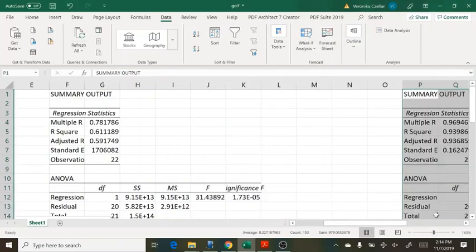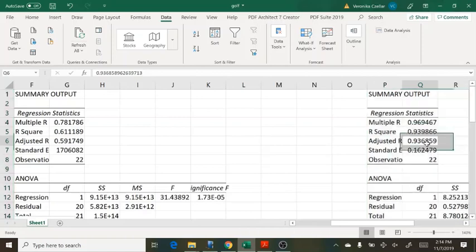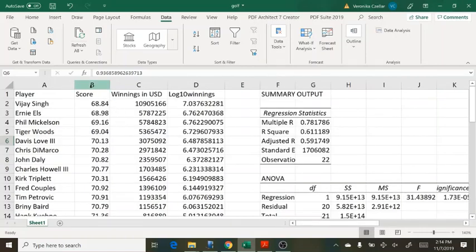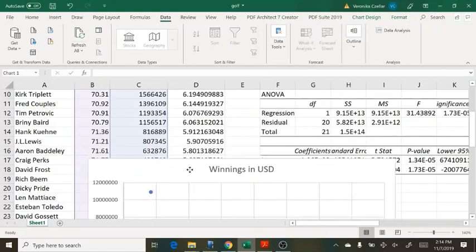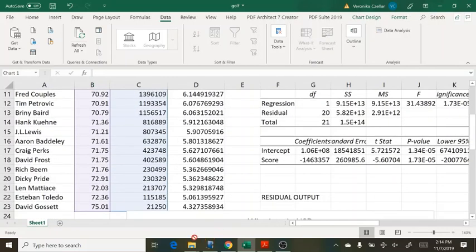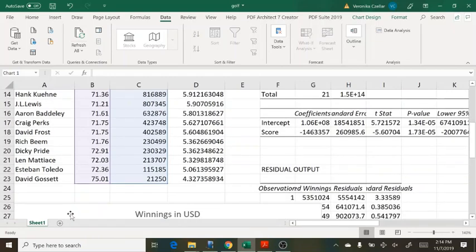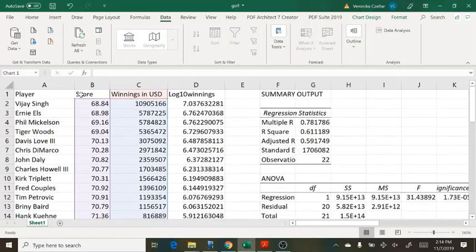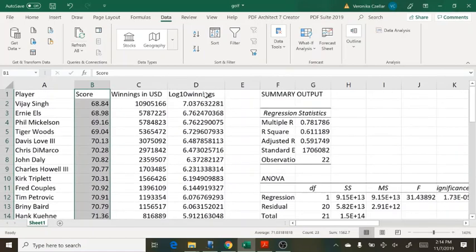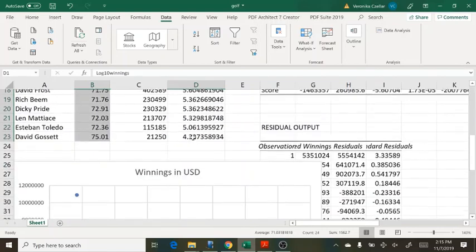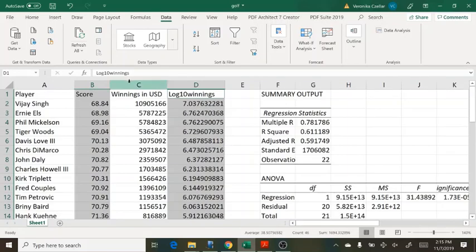Now, if we compare the new R squared, obtained when regressing the log winnings on the scores, we can also do a scatter plot, just to check how it looks. Let me move this plot that kind of disturbs me, and put it here. I will do a scatter plot of the scores and log base 10 of the winnings.